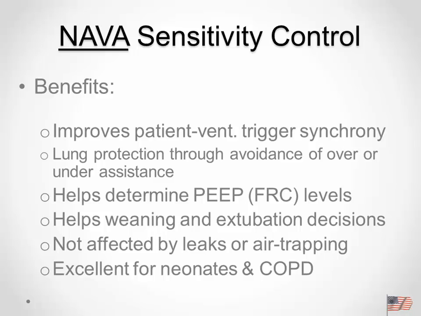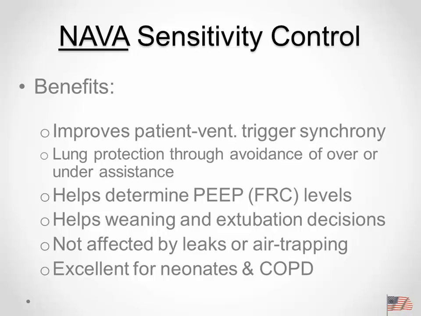So the theory is that in practice you end up having improved patient-ventilator trigger sensitivity. There possibly is a reduction in lung damage because of that wanting a breath but not being able to get a breath. It allows for better FRC levels. You use it to optimize PEEP because you know where the diaphragm is as far as overdistension.